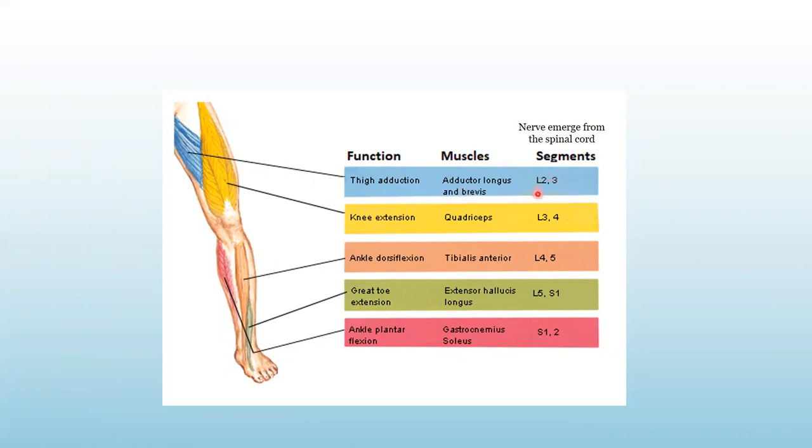The nerve that is supplying these two muscles actually emerges from the spinal cord level L2, L3. So when someone has injury involving the spinal cord at this level, the patient might have problem in adducting the thigh.